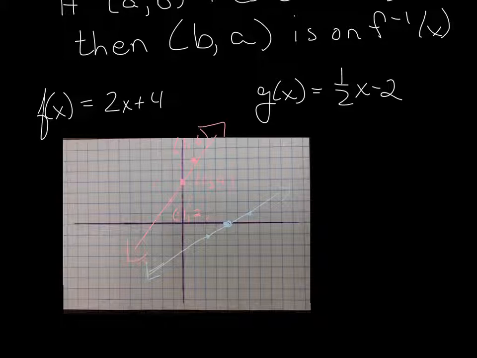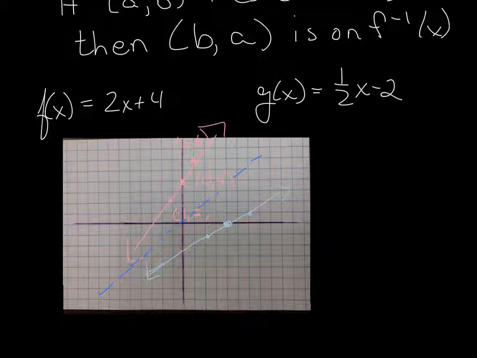Are they always going to cross, or are they always going to be parallel? What happens is they always reflect each other across the line y equals x. So if we were to fold them along that line, they should line up. That's kind of an axis of symmetry.